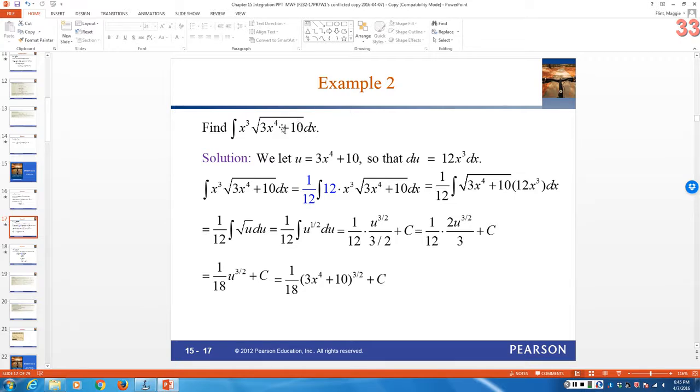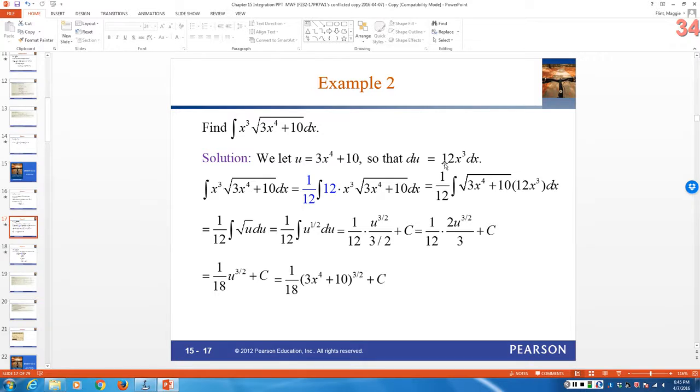It's what we call the inside function in the chain rule. And the inside function is 3x to the fourth plus 10. And the derivative of 3x to the fourth plus 10 is 12x to the third dx. Well, I've got an x to the third. I don't have a 12.